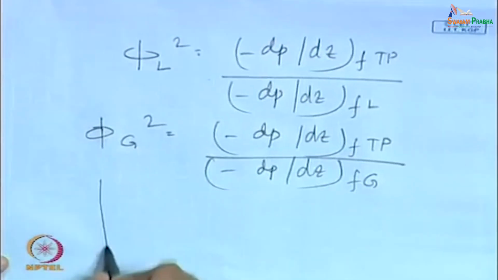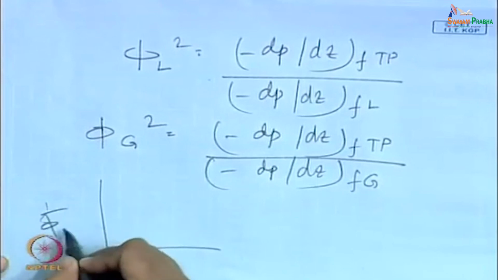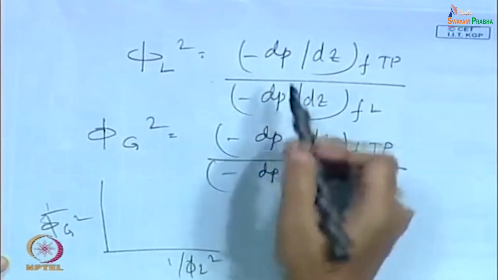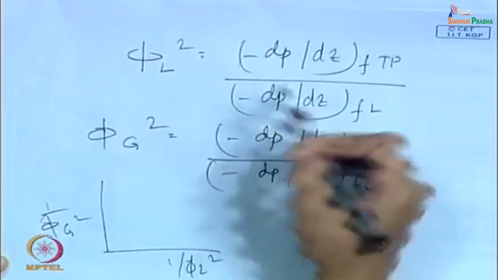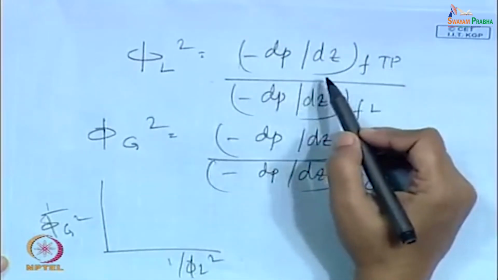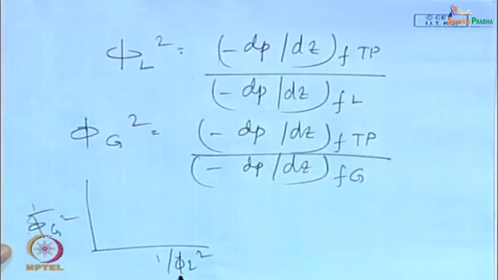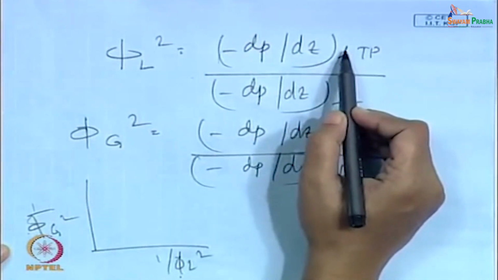I tried to derive a correlation between 1 by phi G square and 1 by phi L square, just to find out the frictional pressure gradient. Now, we find that both in the y axis as well as in the x axis we have this particular unknown.